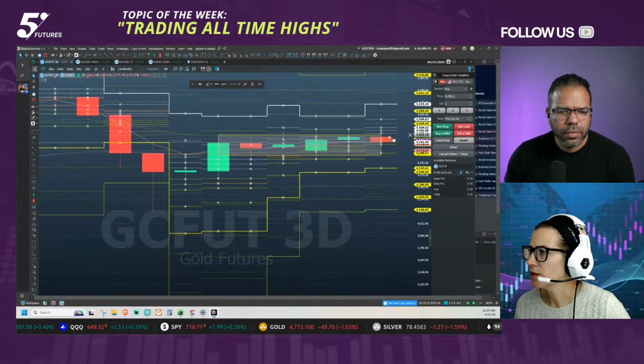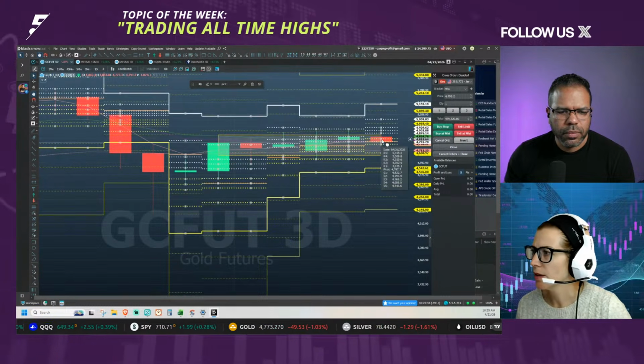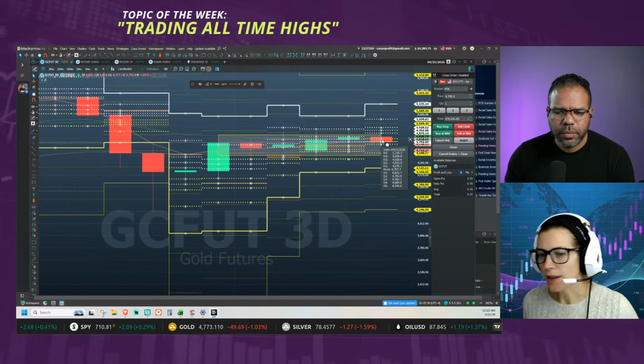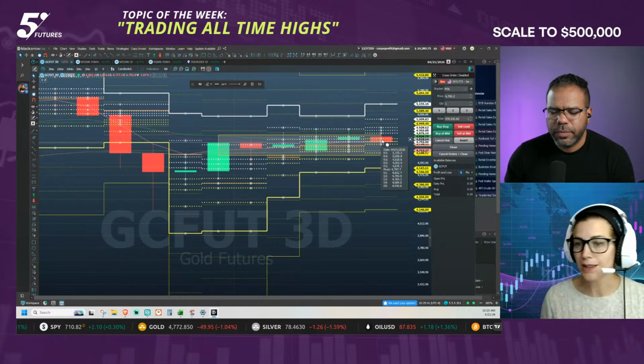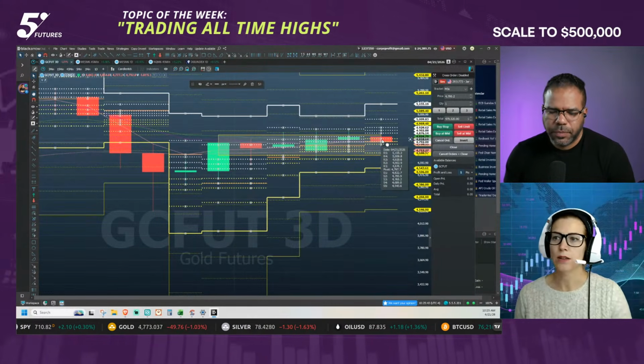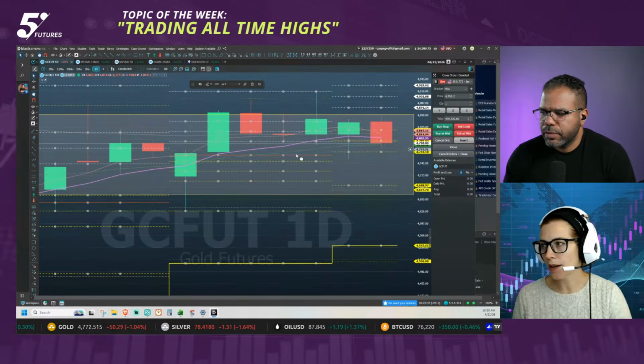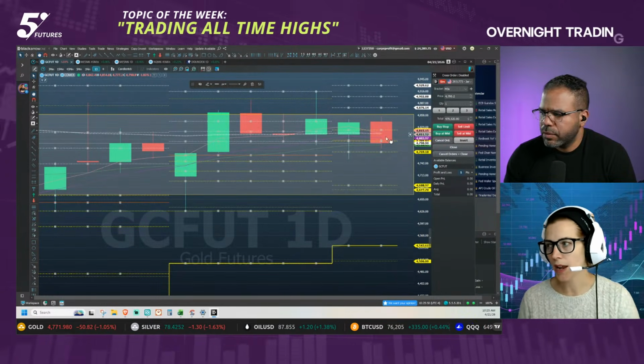Oh, pivot is 4797. So if we're below that, the pivot is that pivot point that the floor traders typically use for changing direction. If we open below that, it will usually be a down day.